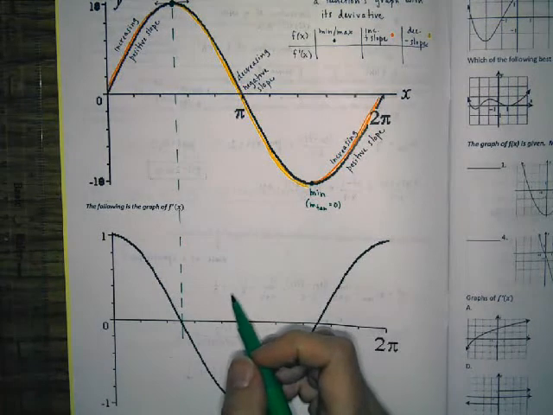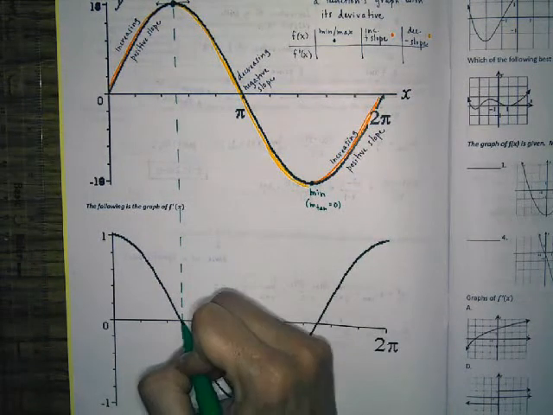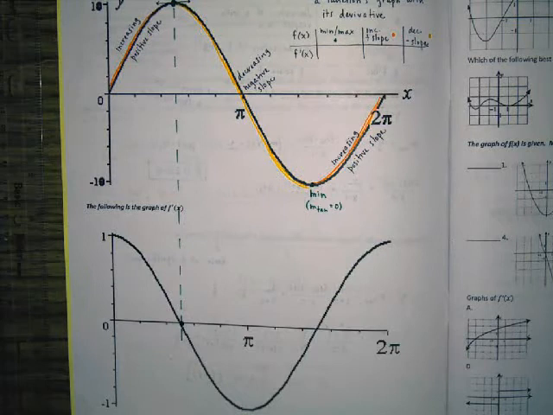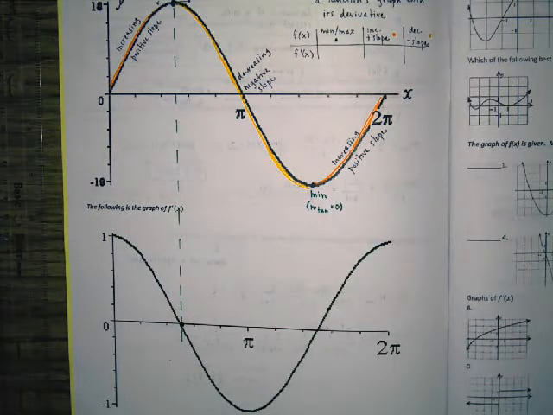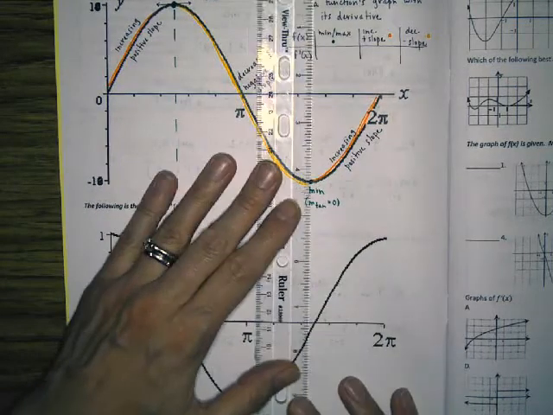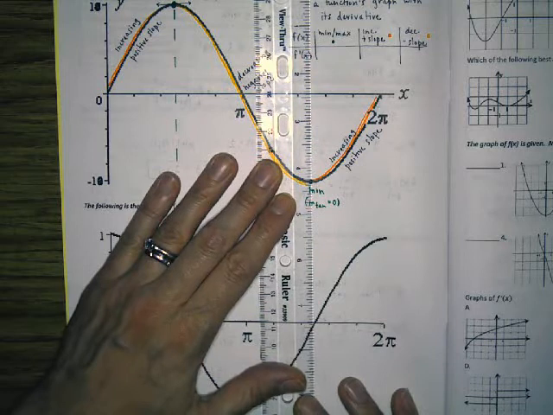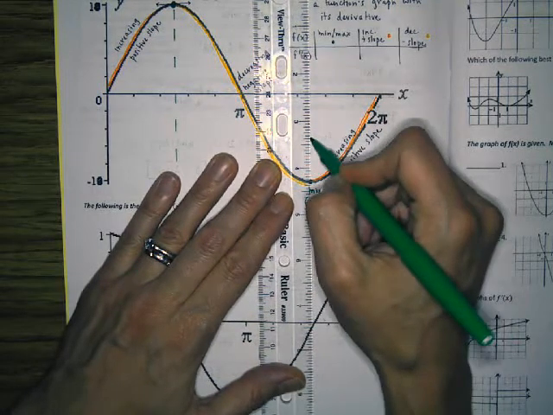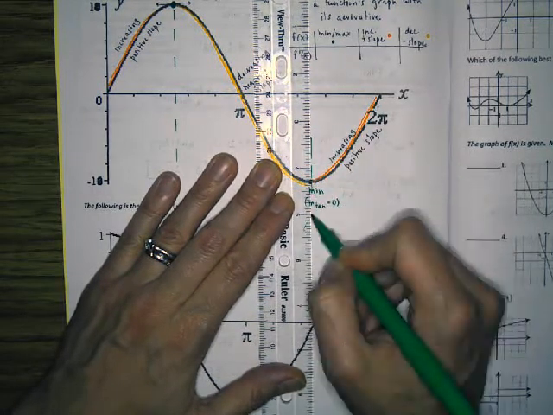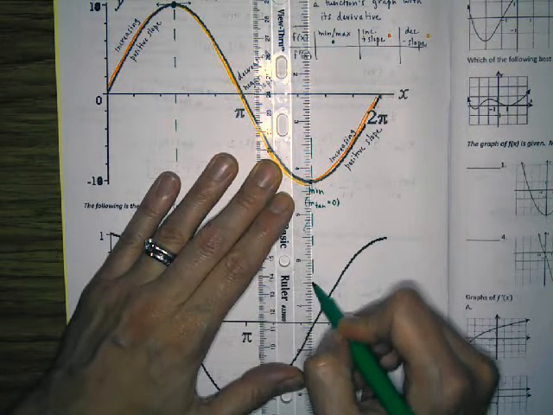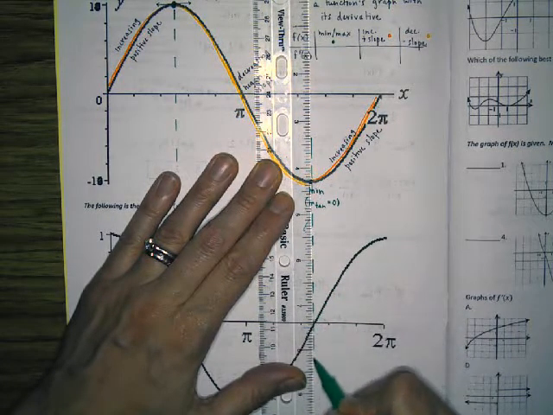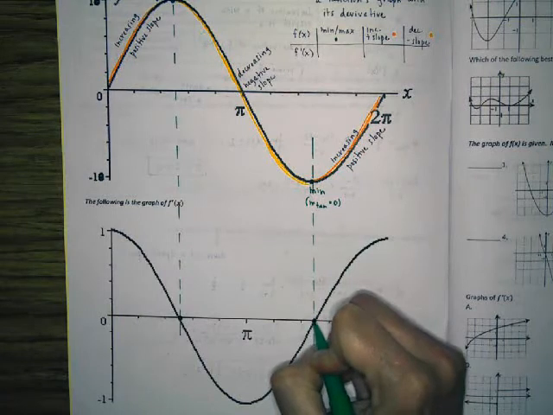And it looks like for this max value, that corresponds to a 0 on the graph of my derivative, on f prime of x. And so I'm going to see if the same holds true of my min value. And you can see pretty quickly that it does. So if I draw a line through here, I notice the same thing.